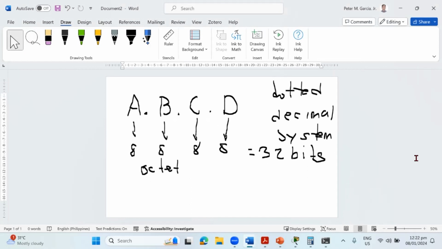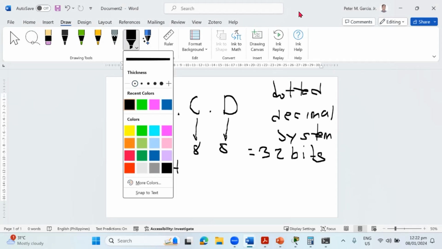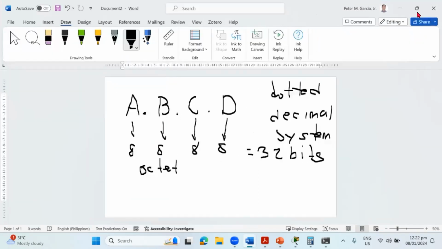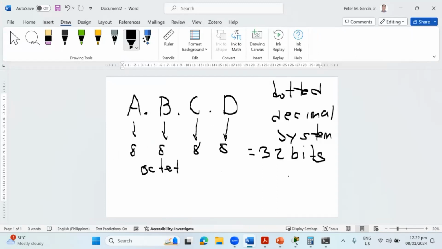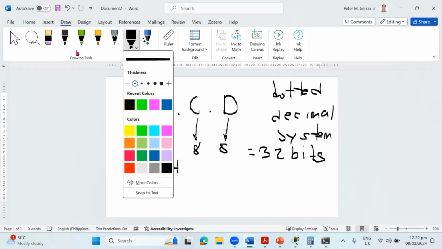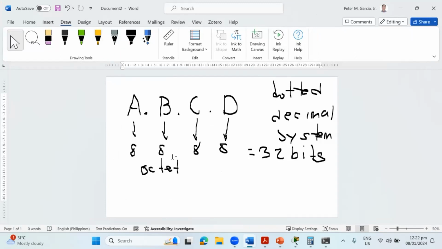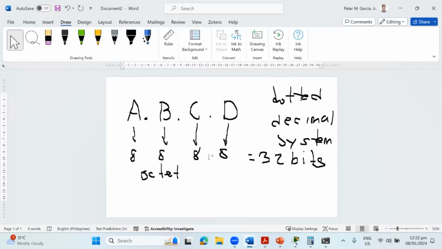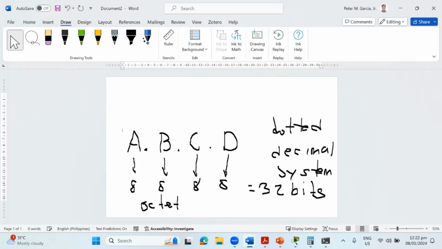Okay, sir, bakit 8? Bakit 8 lang po ang pwede natin gamitin? Based sa description natin or based on the standard provided for the IP address, the maximum number that can be used on an IP address is up to 255 only.